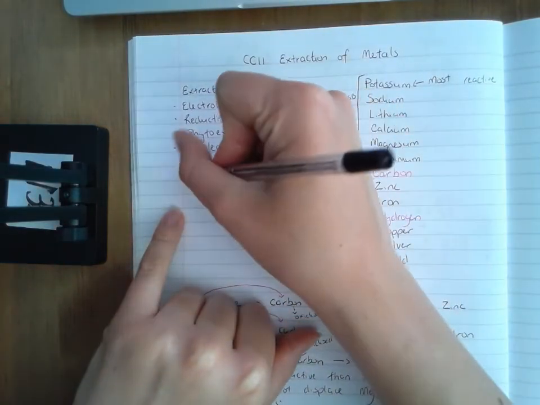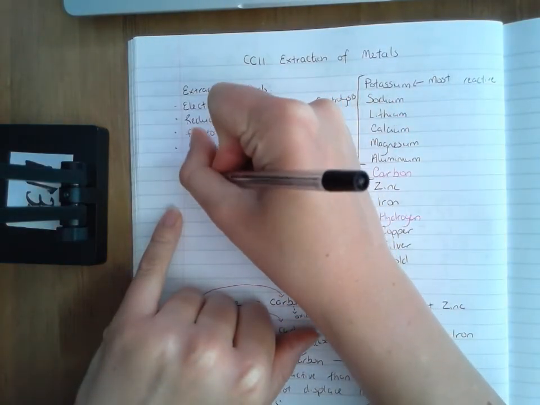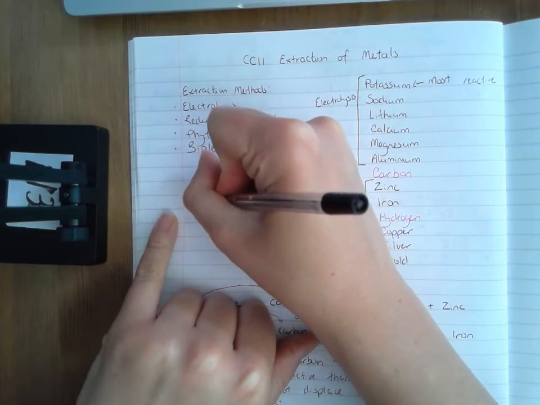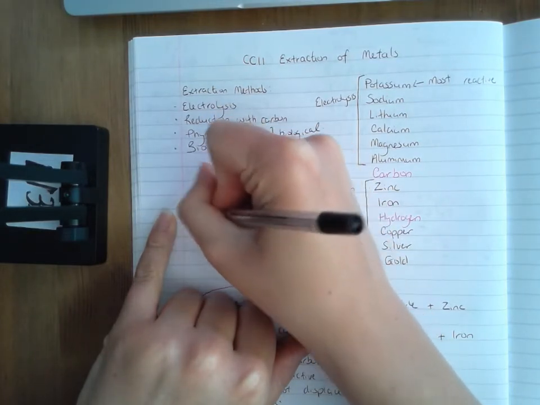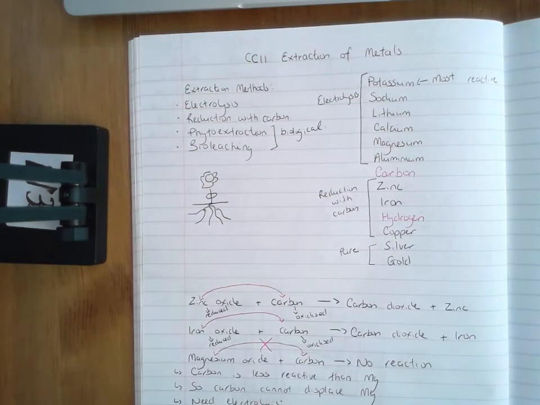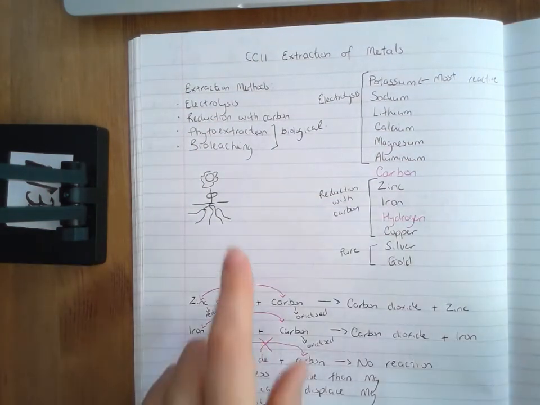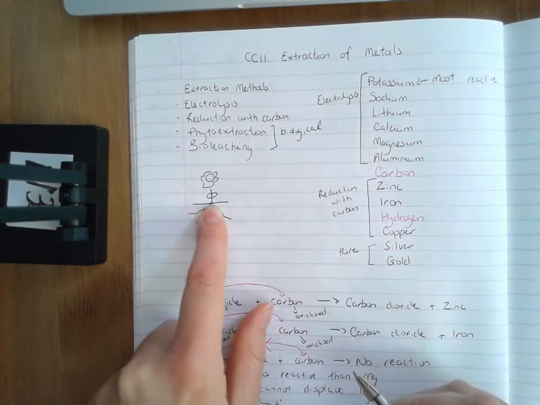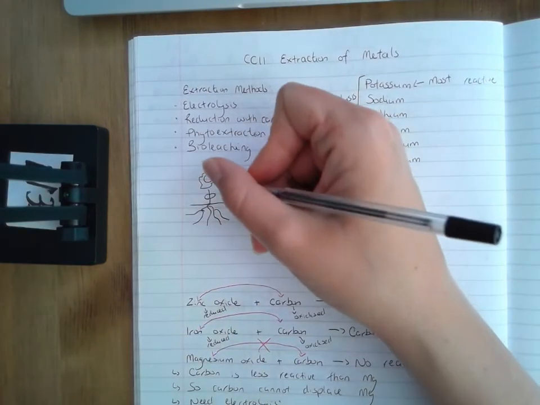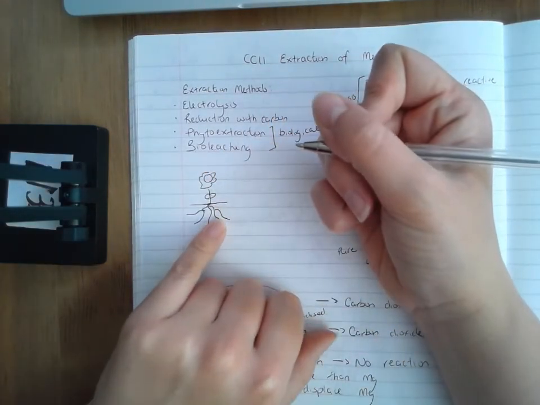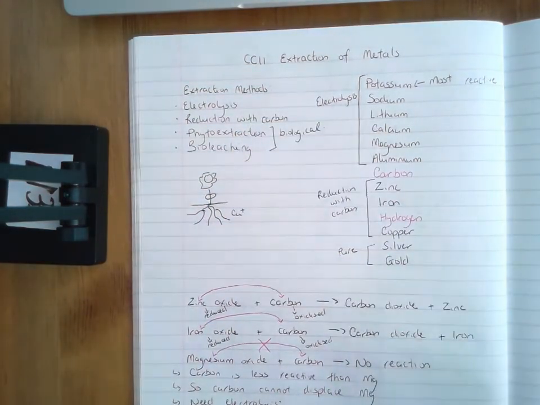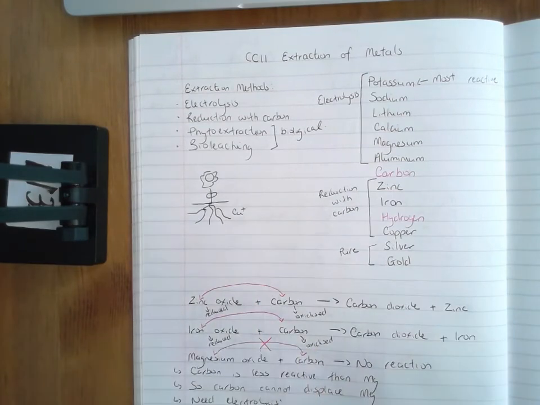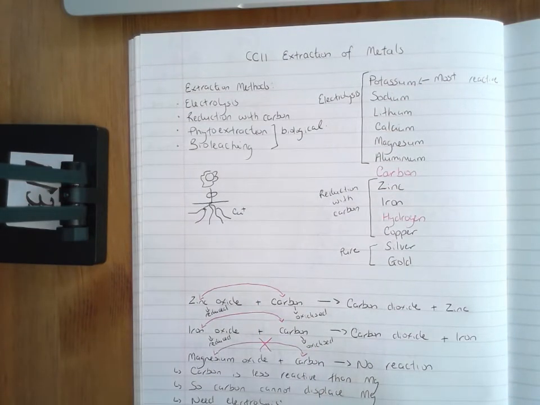Okay. So in phyto extraction, this is a plant, by the way. In phyto extraction, what you do is you put plants in the ground, and the roots obviously go down into the soil, and if you have got lots of metal ions in your soil, so for example copper ions, okay, so these aren't lumps of metal, they are ions, dissolved in the water in the soil.